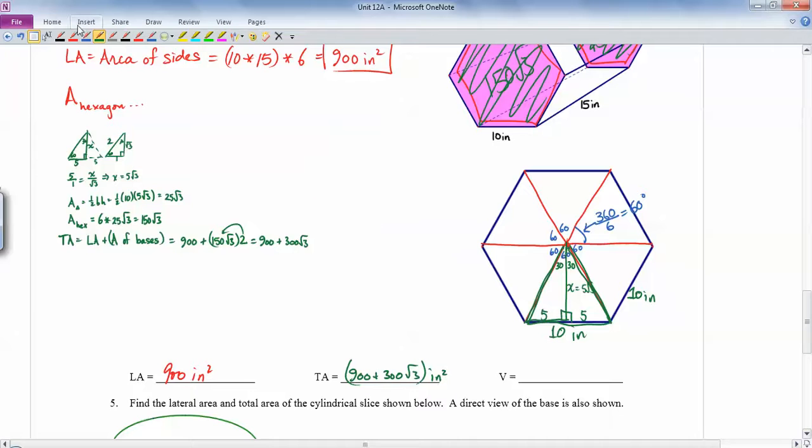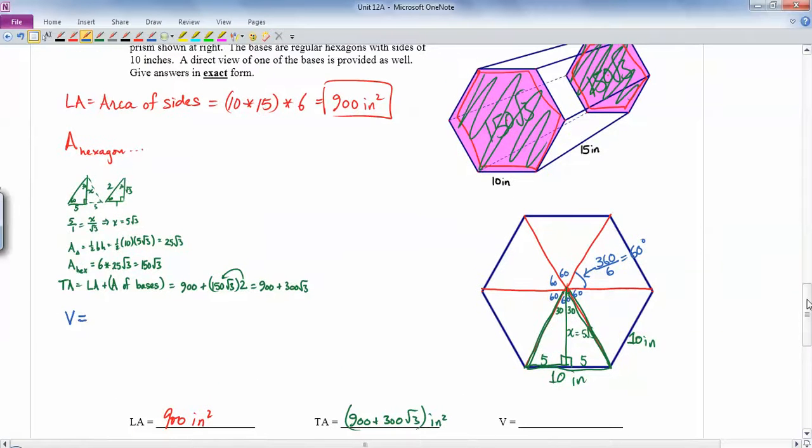Okay, so let's do volume. All right, so volume for a prism is always going to be the area of the base times the height of the prism.